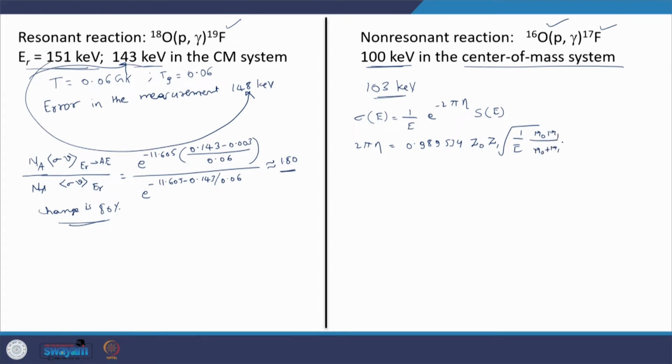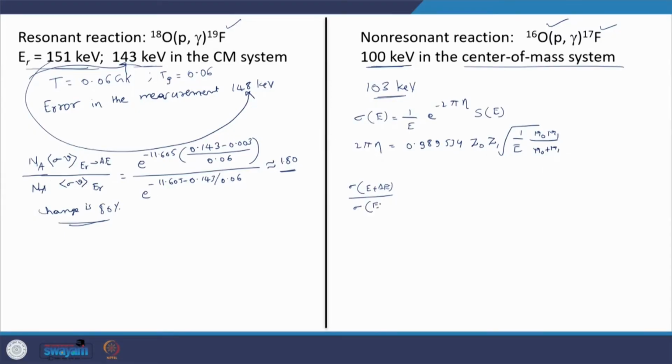Okay. Now, the cross section for E plus delta E. What is E here? The E is 100 keV, and what is delta E? It is 3 keV. So, here I am considering the effect of change in the projectile energy on the cross section. So, here the delta E is 3 kilo electron volt.